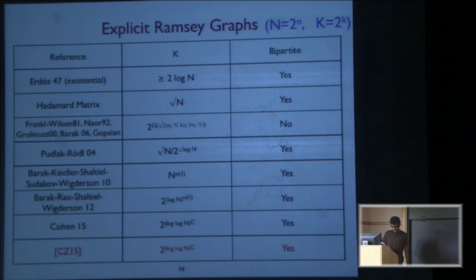And there have been quite a few works on constructing Ramsey graphs which are not bipartite. Using intersection theorems, Frankl and Wilson in the 80s, using epsilon-biased spaces in a clever way, Gopalan, Grolmusz again using intersection theorems, Barak by graph products.